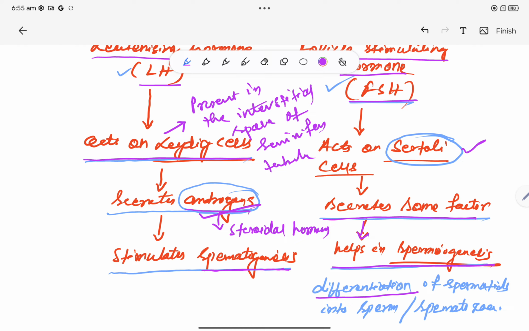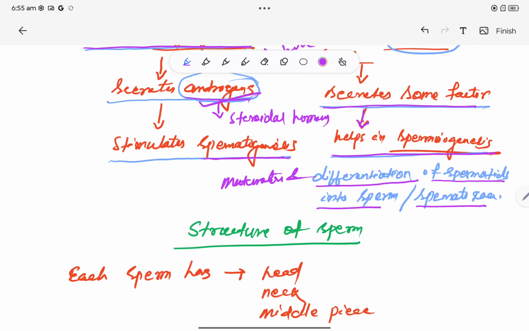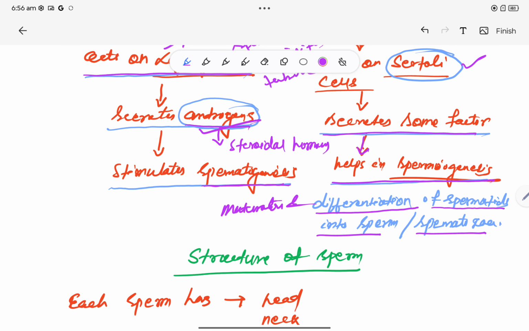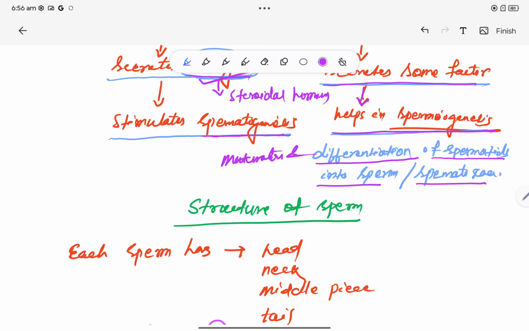Differentiation and maturation of spermatids into sperm or spermatozoa. That is the last step of spermatogenesis. So I think it is clear to you. In the exam, please write it in a schematic way, so that it will give a very clear picture and there will be no confusion.